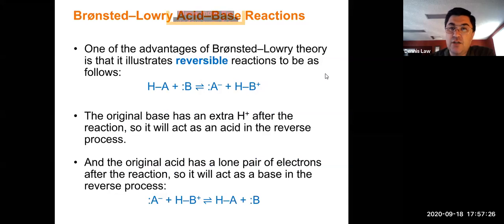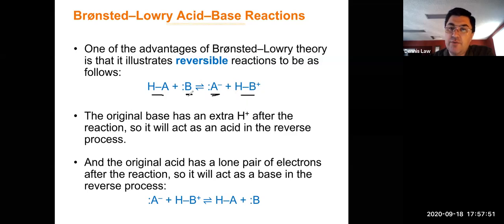With the Bronsted-Lowry definition, you can actually have reversible reactions. We talked about how not all reactions just go to completion. Sometimes you reach a kind of equilibrium between the reactants and the product. So in this case, HA is the acid and B is the base, accepting it. But if you look at the reverse reaction, this one is the acid and this one's the base.